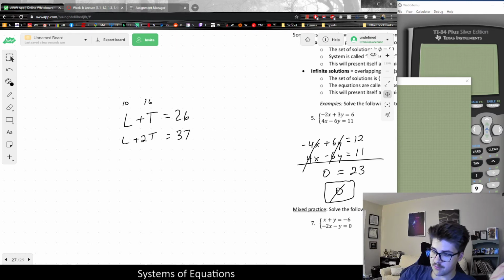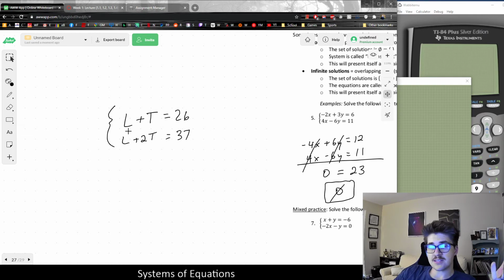So the value of the loonies is 1 times L, and the value of the toonies is 2 times T, because that's what they're worth. And notice that this solution doesn't make sense, because that would add up to $42. But what I was told is that those need to add up to $37, and that is the source of my second equation.